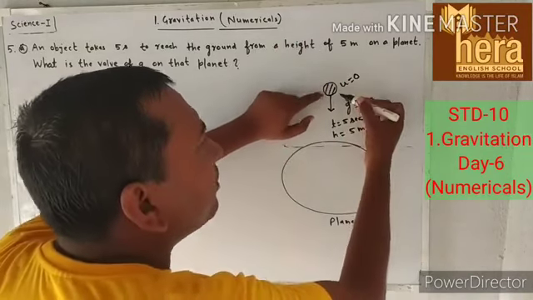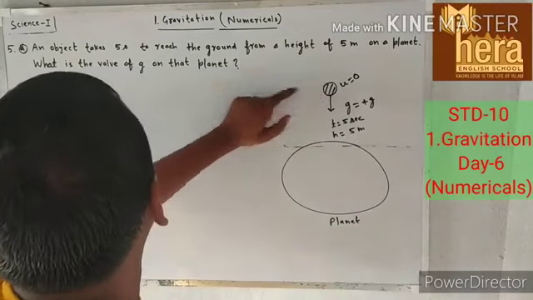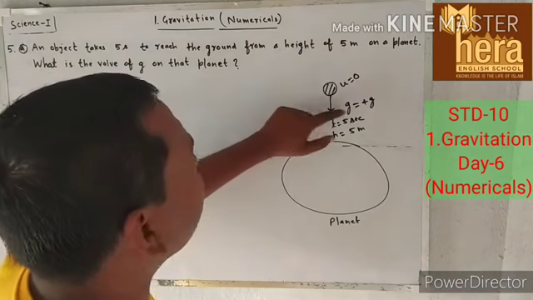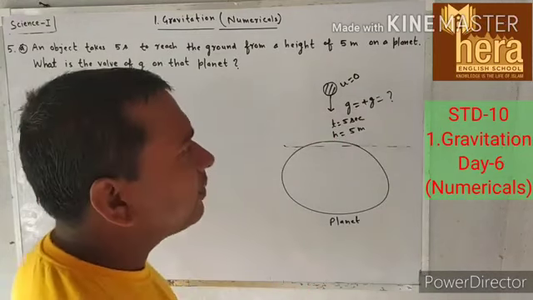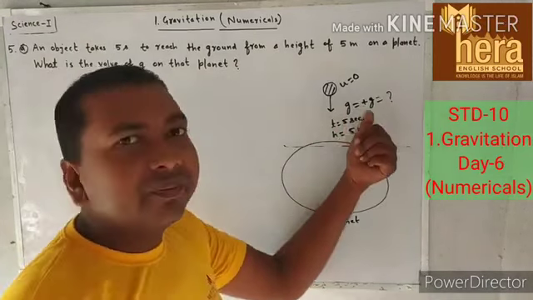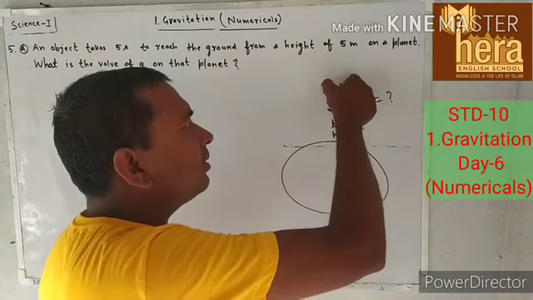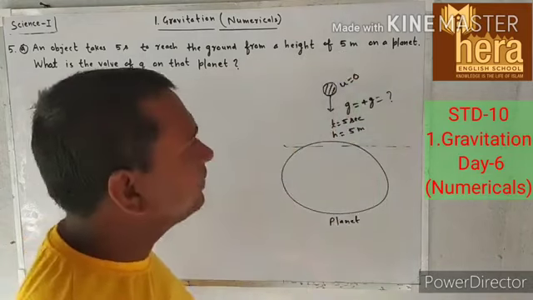Since initially the object was at rest, therefore we have to take U is equal to 0. Then what is the value of G on the surface of the planet? You have to find the value of G. G is equal to question mark. Whenever you solve, G will come positive because the object is moving in downward direction.